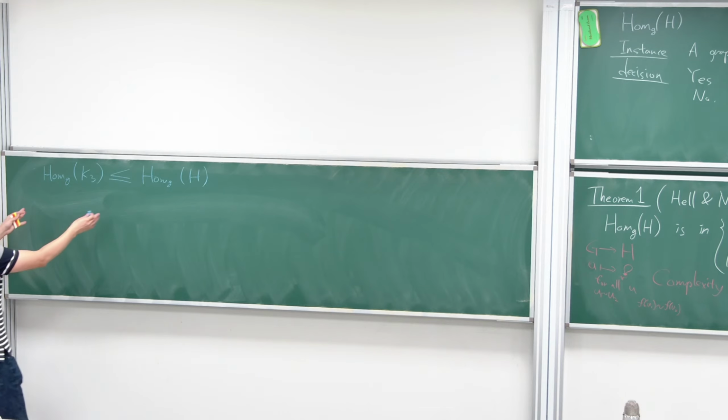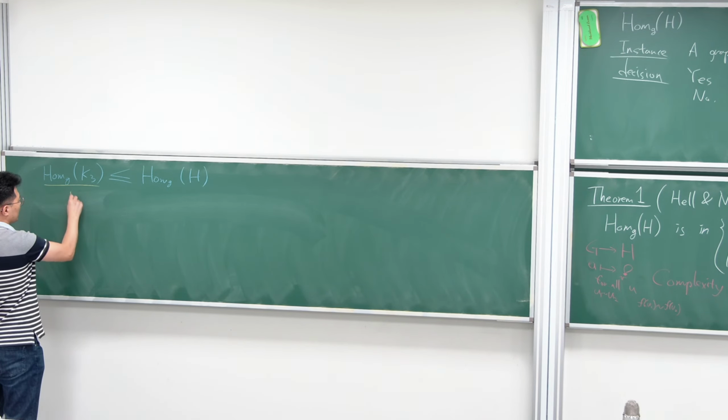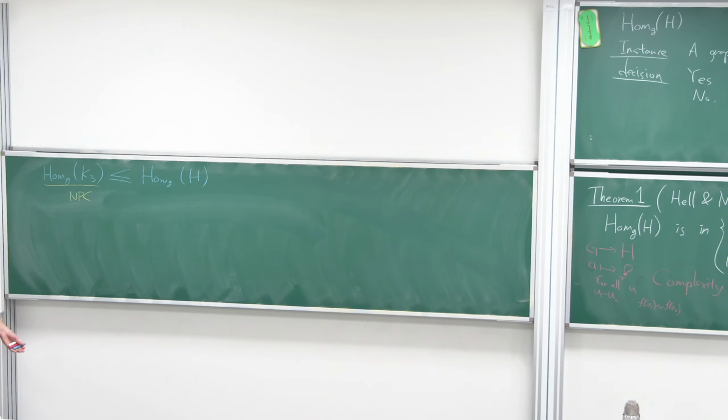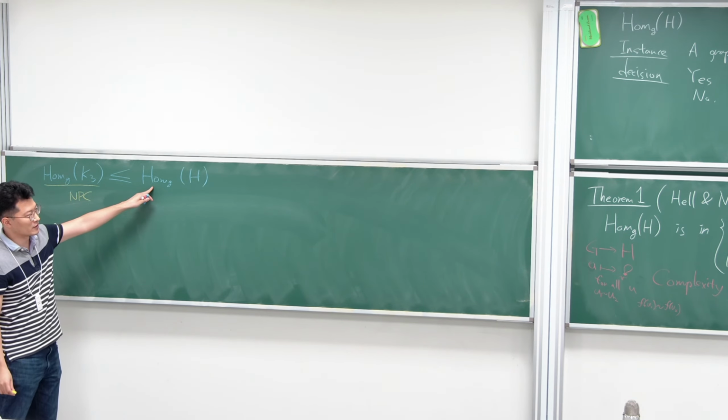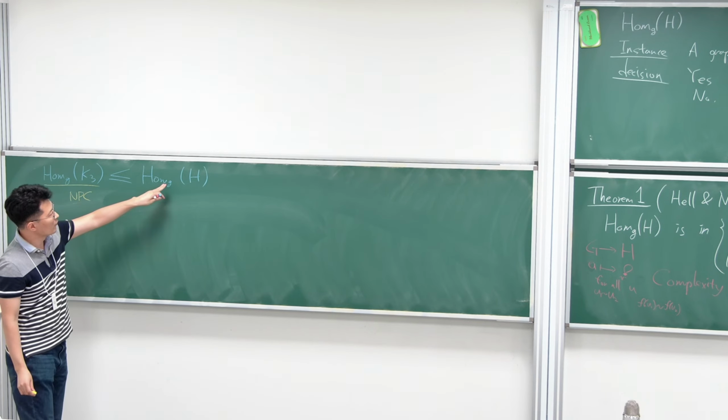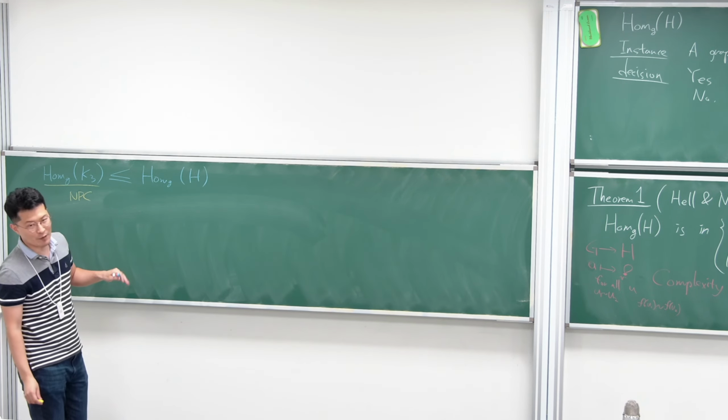This is the way to prove it. This is well known for 3-coloring, and this implies that this one is NP-complete when H is loopless non-bipartite.